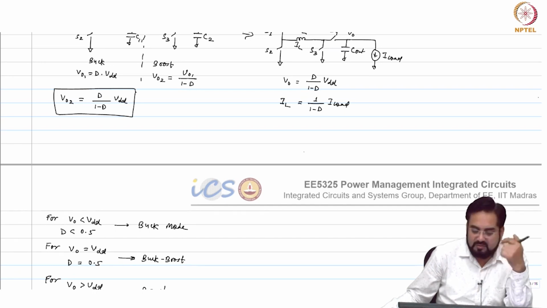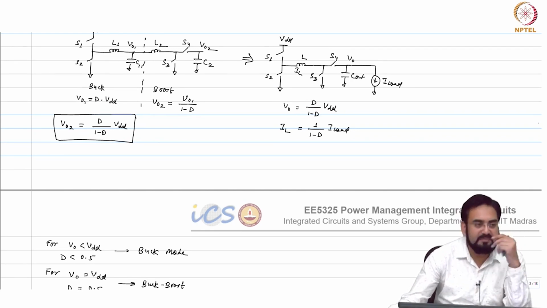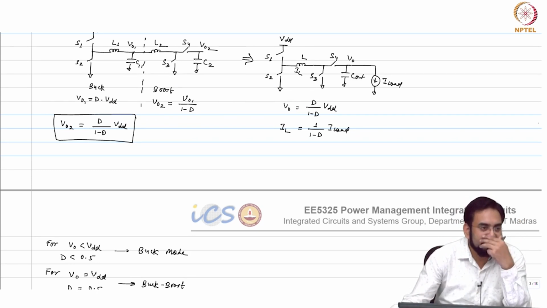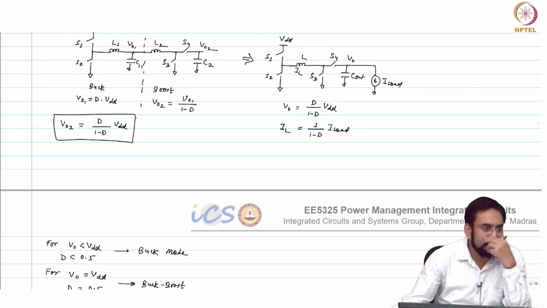So what will happen to the losses? Losses will increase because input power is higher. So now let's say instead of that you operate only in buck and make D equal to 1. You will get the same thing. Buck is ideal. In the buck, if you make D equal to 1, you will get V out equal to V in. And what about the inductor current? I load.